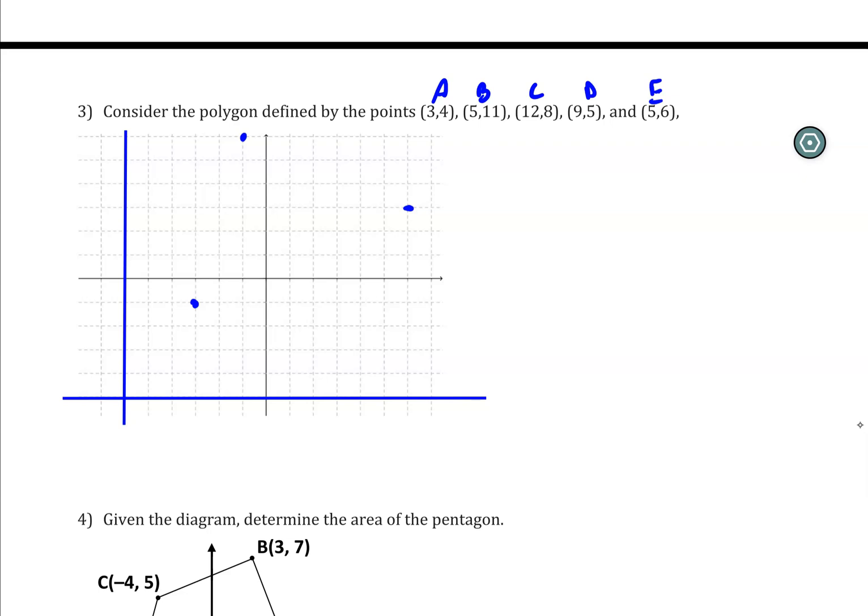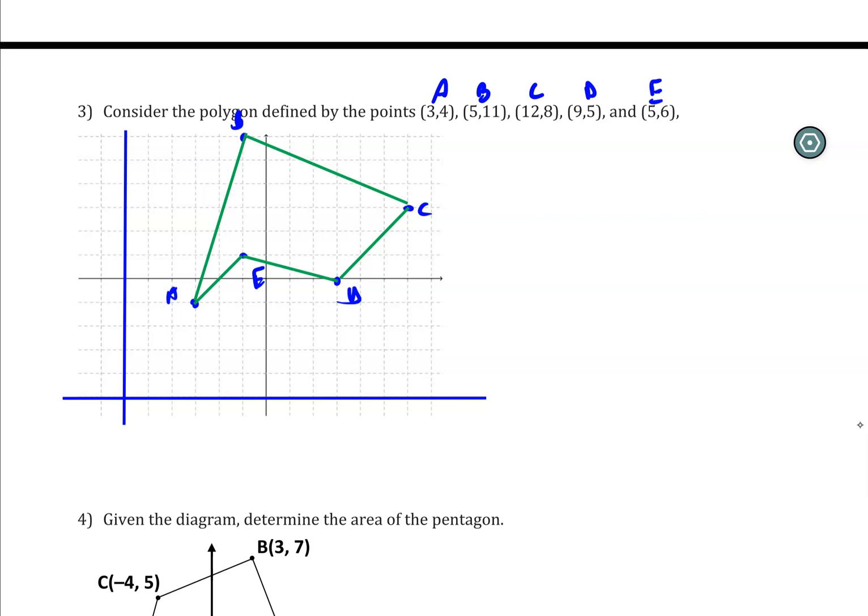We've got 9, 5, and then 5, 6. So this was A, B, C, D, E. So it was actually in order, which is good to know, but I had to confirm that. I can't just assume that the ordered letters go in the right order.